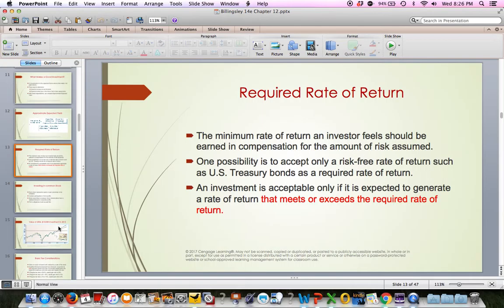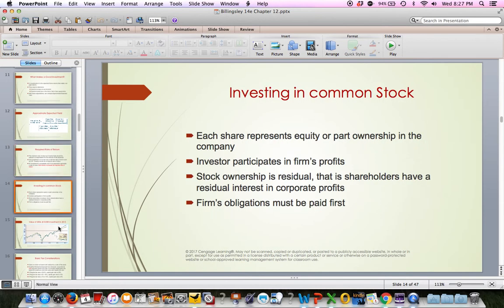You can buy CDs that are insured. Very low rates of return, but zero risk. So the whole point, though, is to find investments that match or exceed the required rate of return, whatever that is. If it's a stock, a bond, whatever the investment is on that continuum of investments, we just want to match risk and return the best that we can.